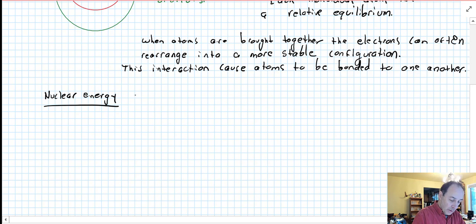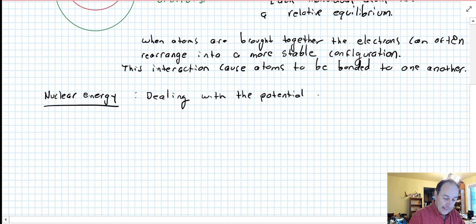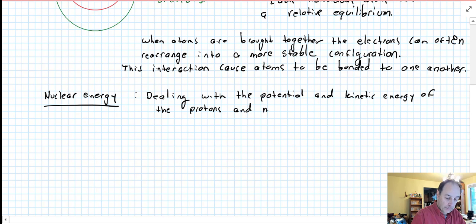So we're dealing with the potential energy and kinetic energy of the protons and neutrons in the nucleus.